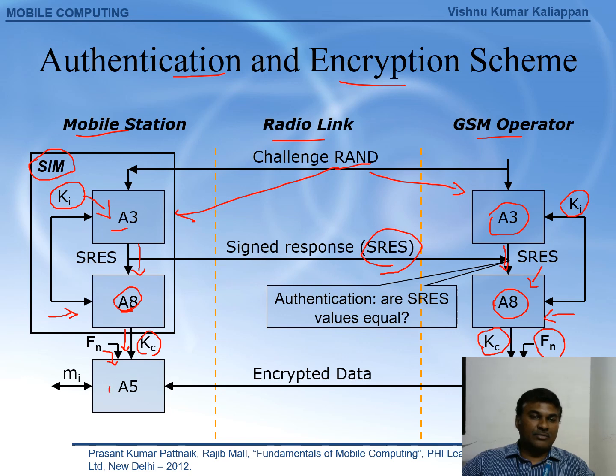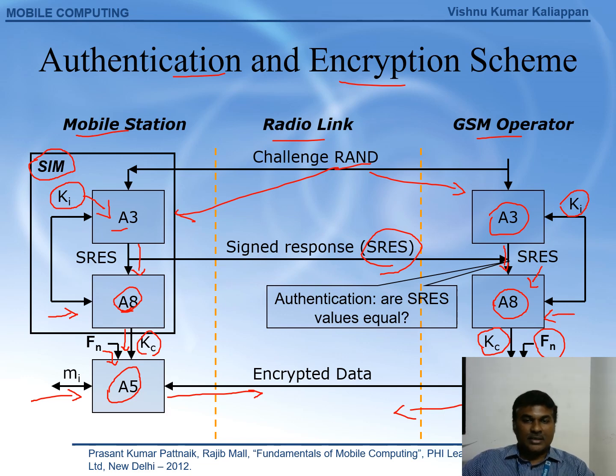The A5 algorithm is used to encrypt the data with the help of the key generated by A8 and the Fn. The message Mi is given, based on the message it is XORed, and the data is sent as encrypted data to the GSM operator via the radio link. Similarly, the GSM operator performs the same operation: it encrypts the data and sends it to the mobile station.